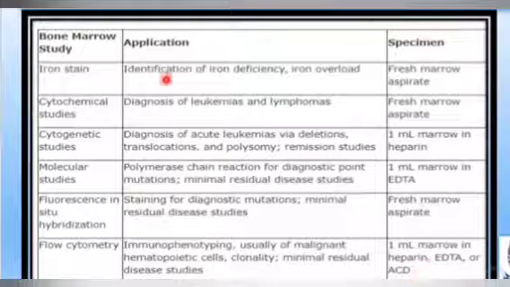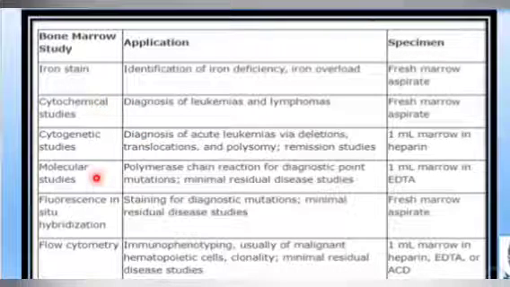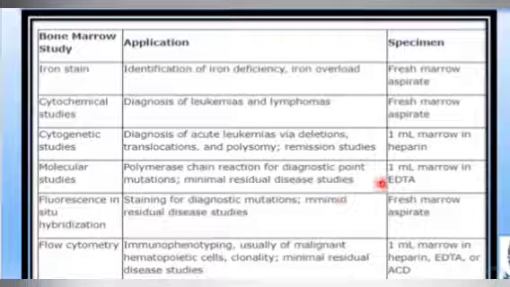So these are the importance of bone marrow special staining, and you know that the bone marrow has a very important role in the diagnosis of some diseases which are unknown or not yet diagnosed.